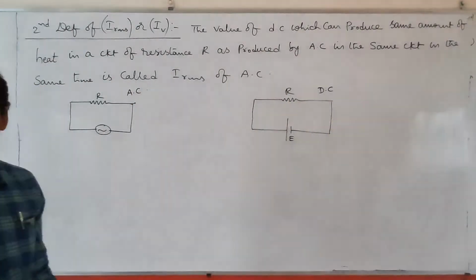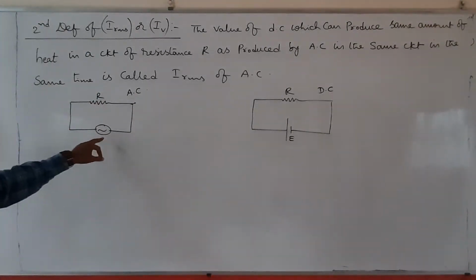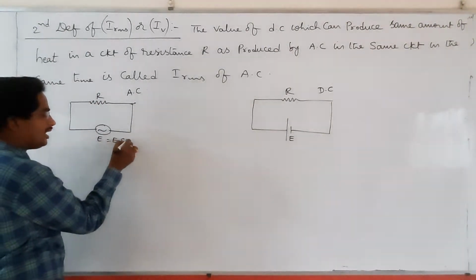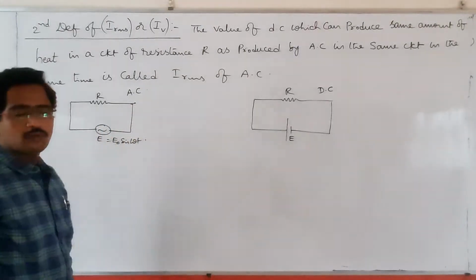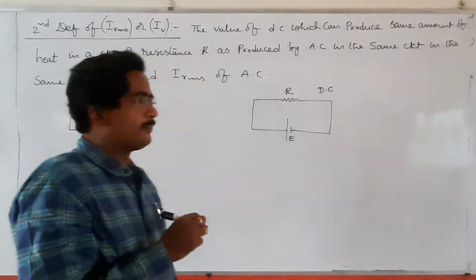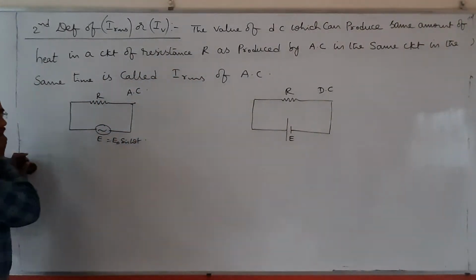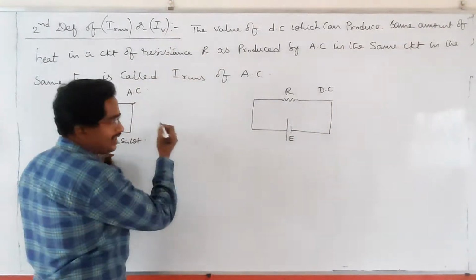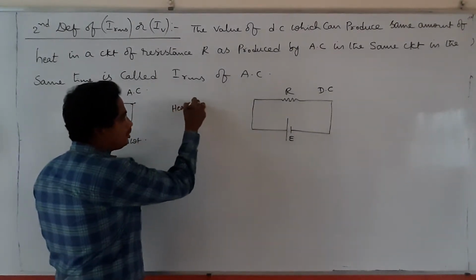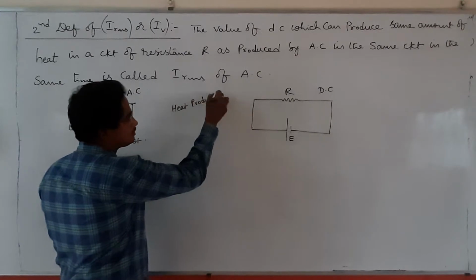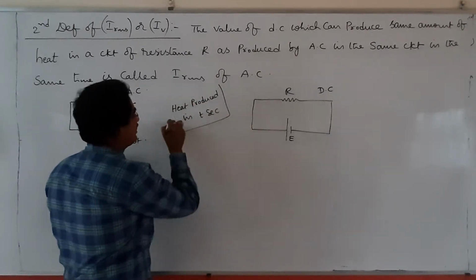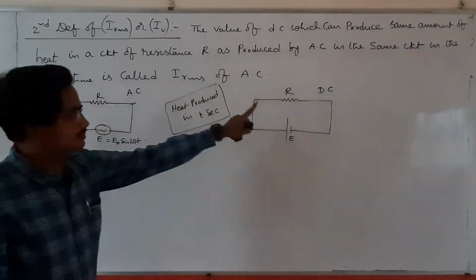Now, this alternating current has an EMF of E naught sin omega t, right? At a particular time, I want to find the heat produced in T seconds in both cases.